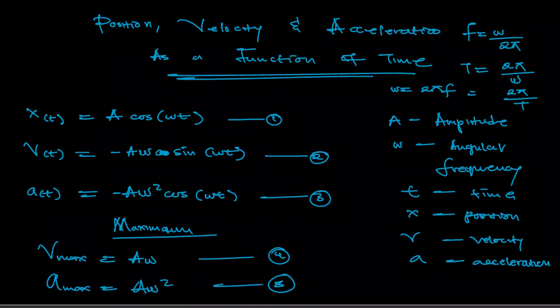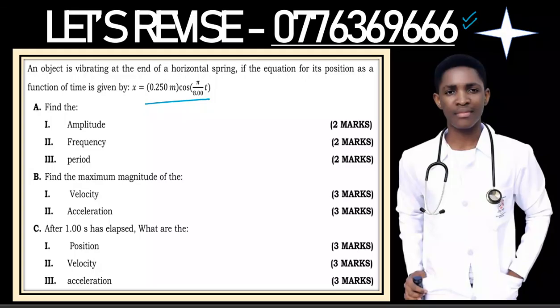With this information, you must be able to understand that all of this is going to be used to answer the question we have been given. We have been given the equation of our position as a function of time, and we are asked to find the amplitude, frequency, and the period.